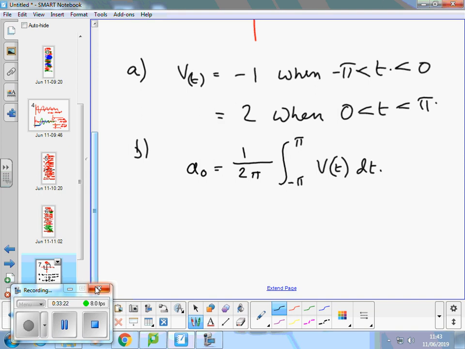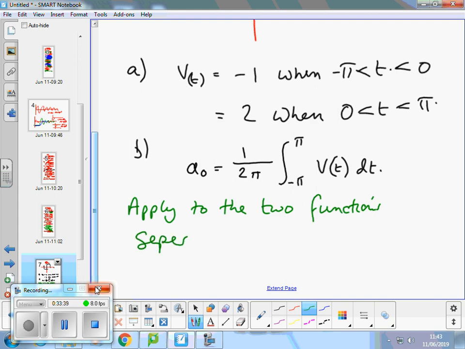But what we have to do is apply that to the two functions and add them together.